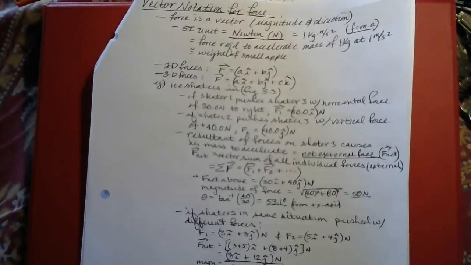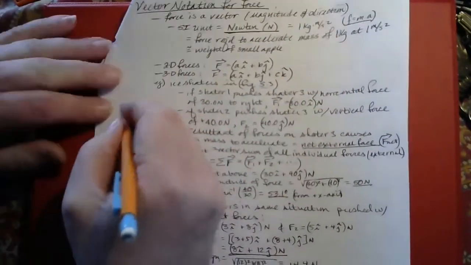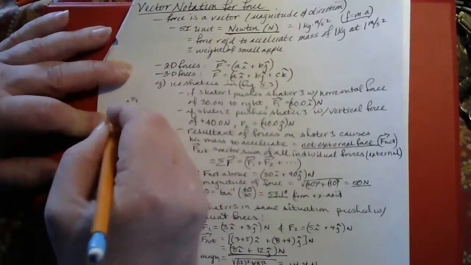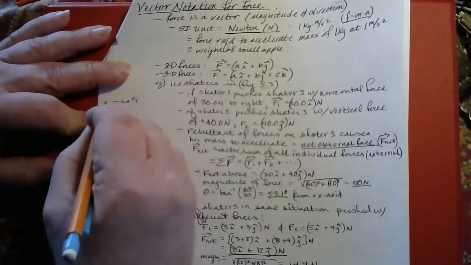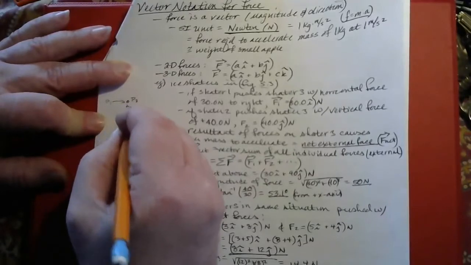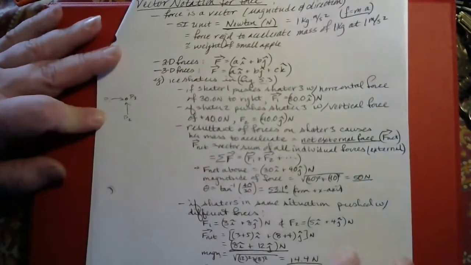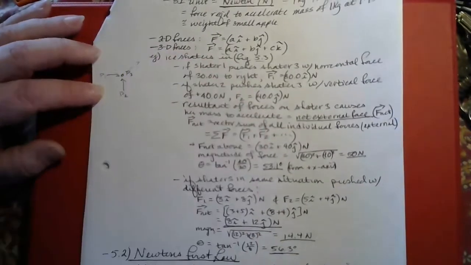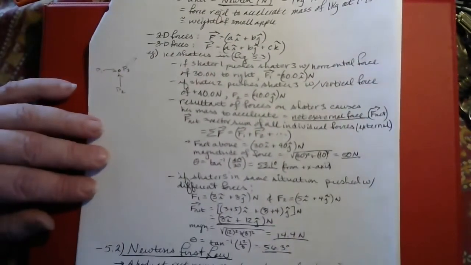If you look back on the example of the ice skaters in figure 5.3, the ones where person 3 is being pushed by person 1 and person 2, we expect person 3 to go off in that direction with some amount of force.